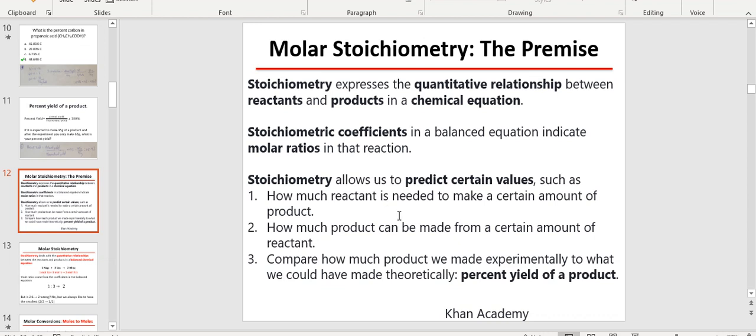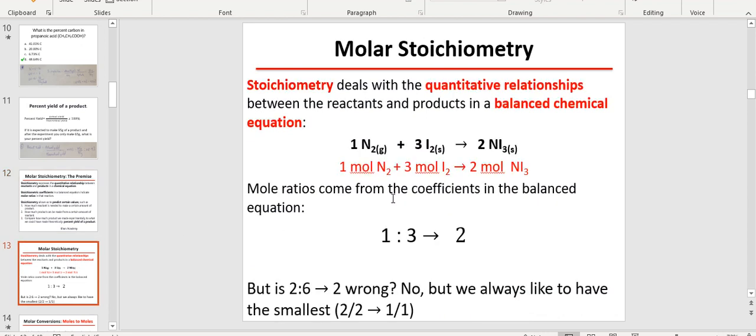Stoichiometry allows us to predict certain values: how much reactant is needed, how much product can be made, and we can compare how much product we made experimentally to what we could have made theoretically. And there's your percentage yield. This all comes from Khan Academy. So stoichiometry deals with the quantitative relationship between reactants and products.